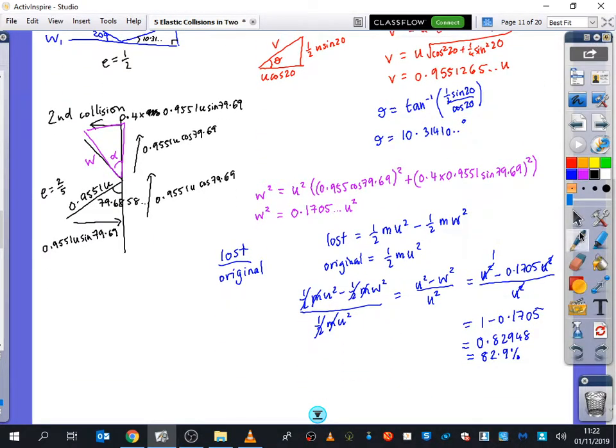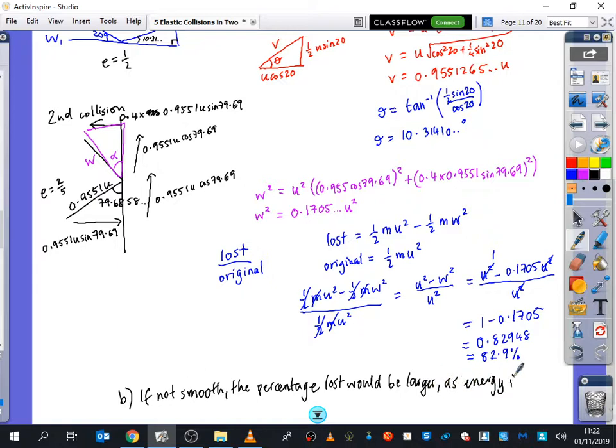There will be less remaining. Good. So for part B, if not smooth, the percentage lost would be larger as energy is lost due to friction.